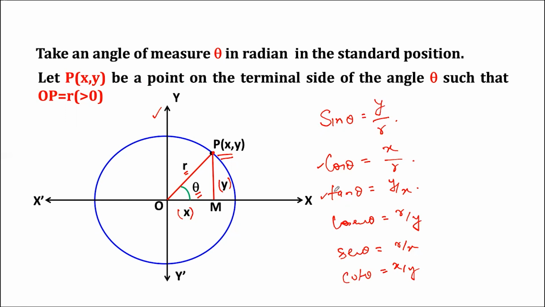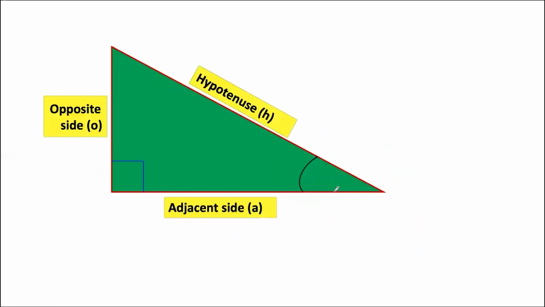And angle and measurement we have to find accordingly. Like if I'm saying this is angle theta, then this will be the opposite side, and this is the adjacent side, and this is the hypotenuse.